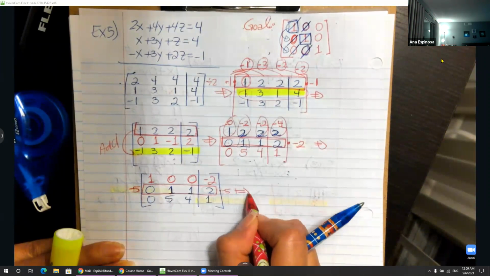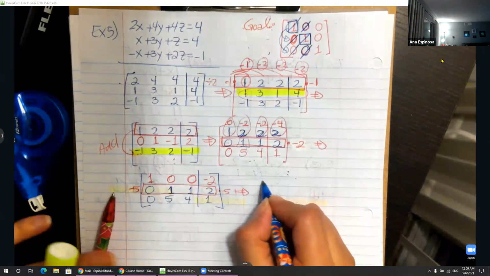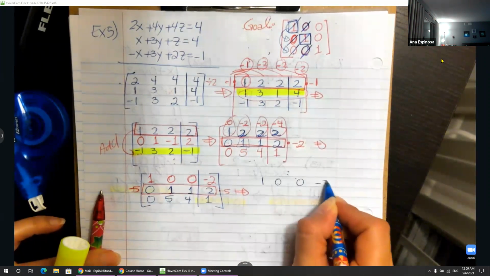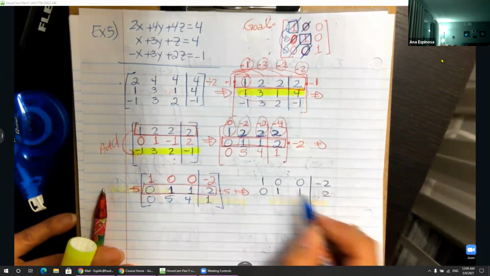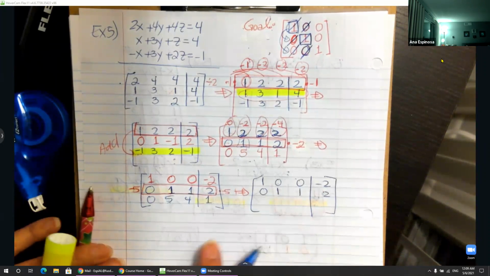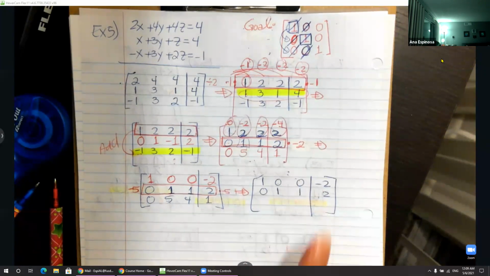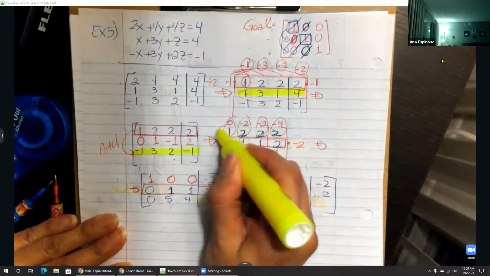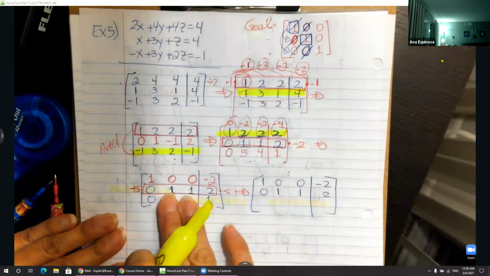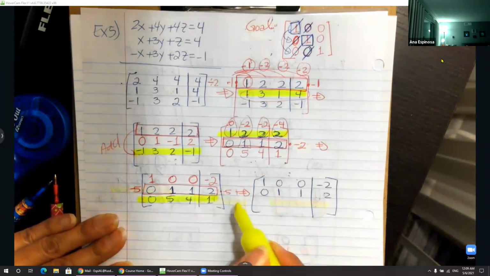So on my next step, I'm going to keep this row 1, 0, 0, -2. I'm going to keep the middle, and I'm changing the last one, which is why I've left it blank. So I'm going to write that in red. This one was the one we were changing. From here to here, it's this one that we're changing.